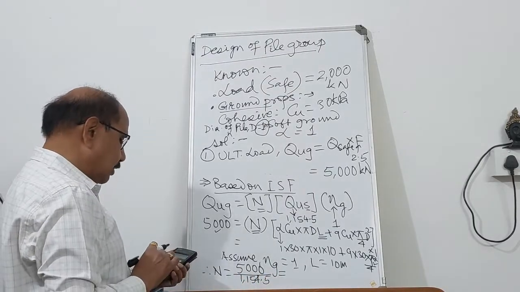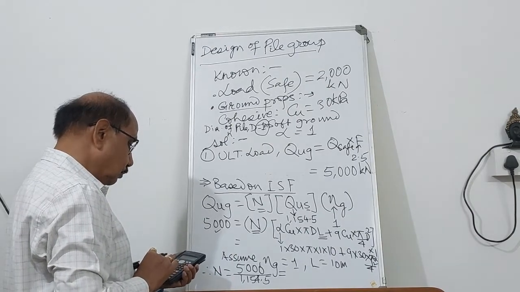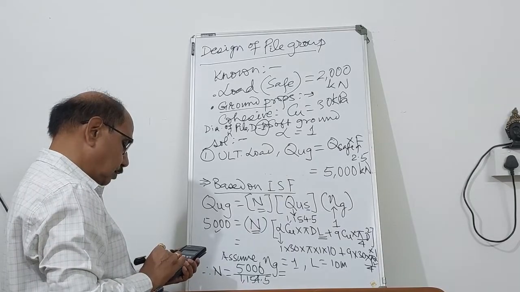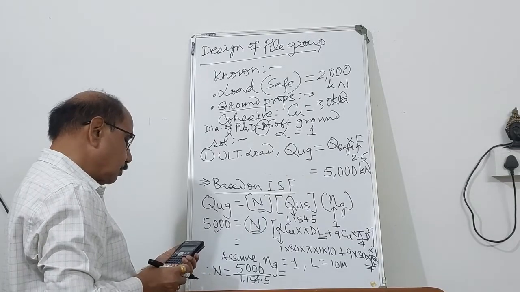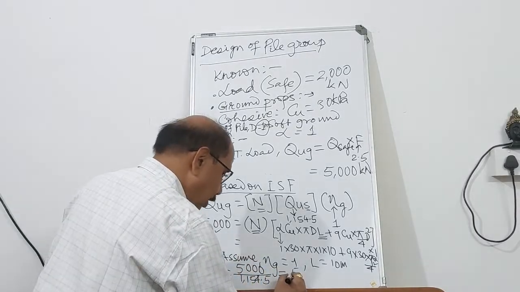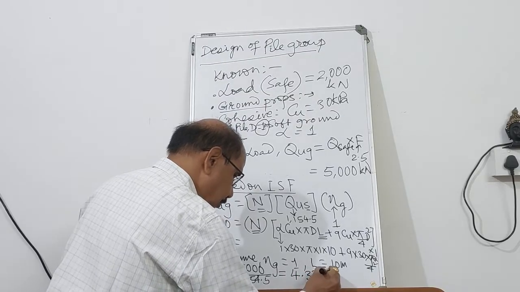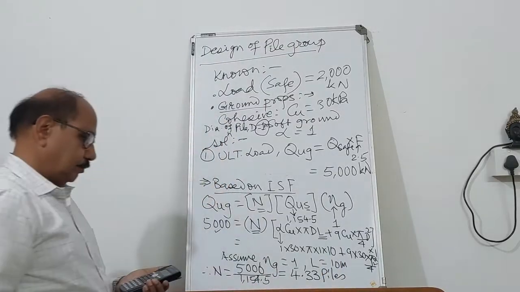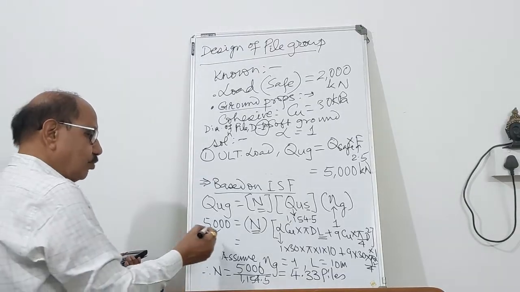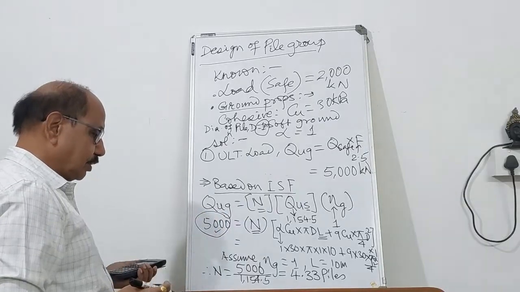So the number of piles required is equal to 4.33 piles. This is required if you have to transfer a load of 5,000 kilonewton, the ultimate load carrying capacity of the pile group.